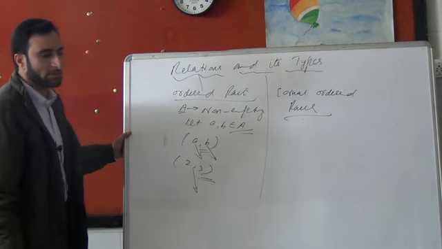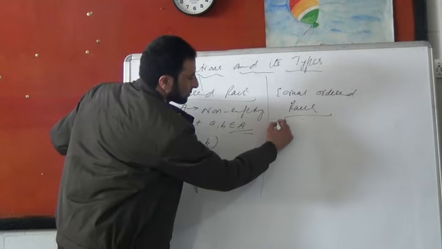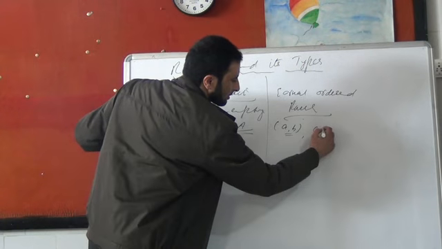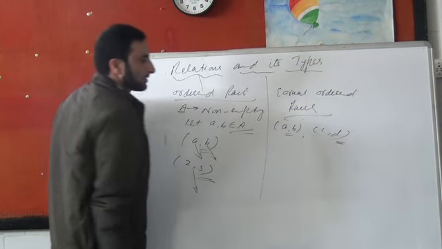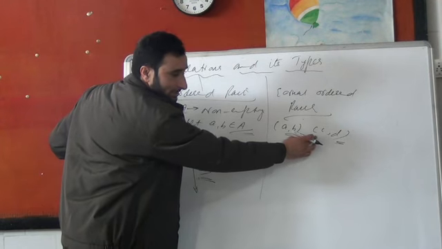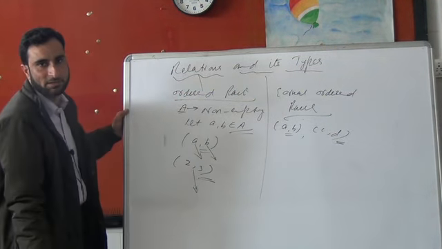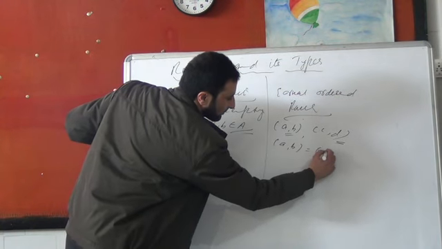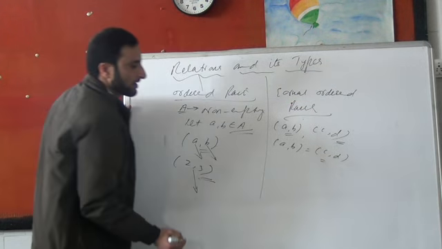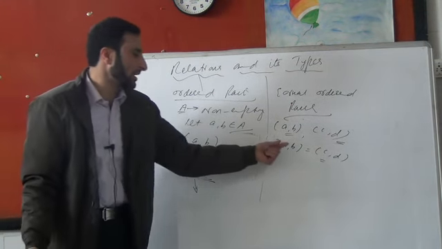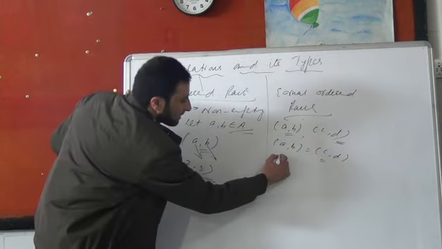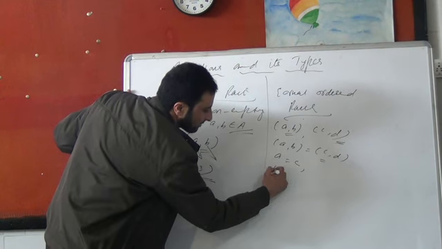Then after that we have equal ordered pairs. Now what are equal ordered pairs? Simply, if we have two ordered pairs (a, b) and (c, d), then these two ordered pairs are mathematically said to be equal, and we write (a, b) = (c, d) if and only if their corresponding entries or elements are equal, that is, a = c and b = d.